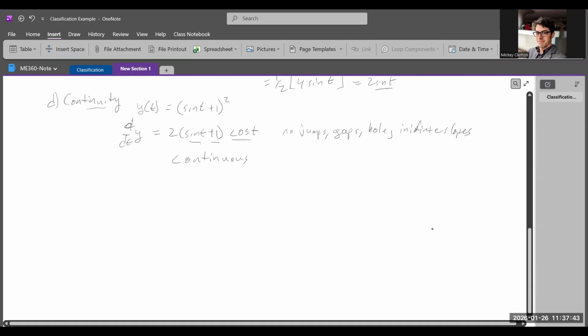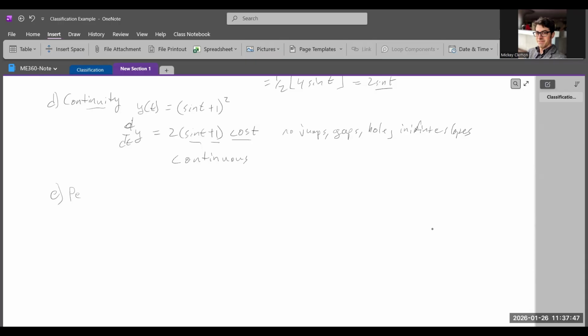Next we have periodicity. So here's E. Periodicity. Is it periodic? Does it repeat? So we've got y of t equals sine squared t plus 2 sine t plus 1.